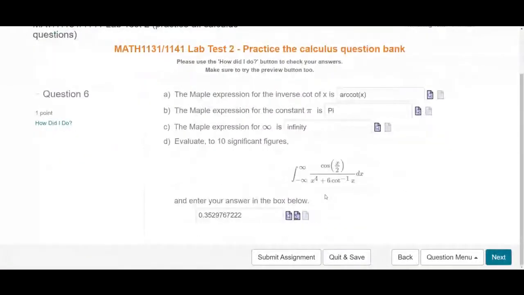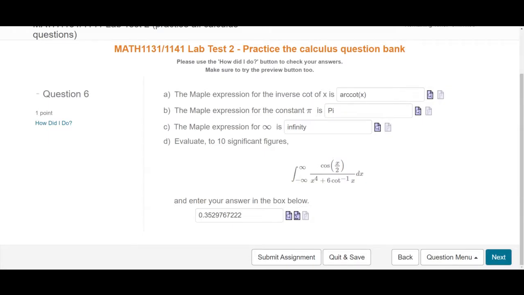All right, so here's another one. Similar idea, inverse cot of x, arccot. Okay, pi, infinity, and then an integral.